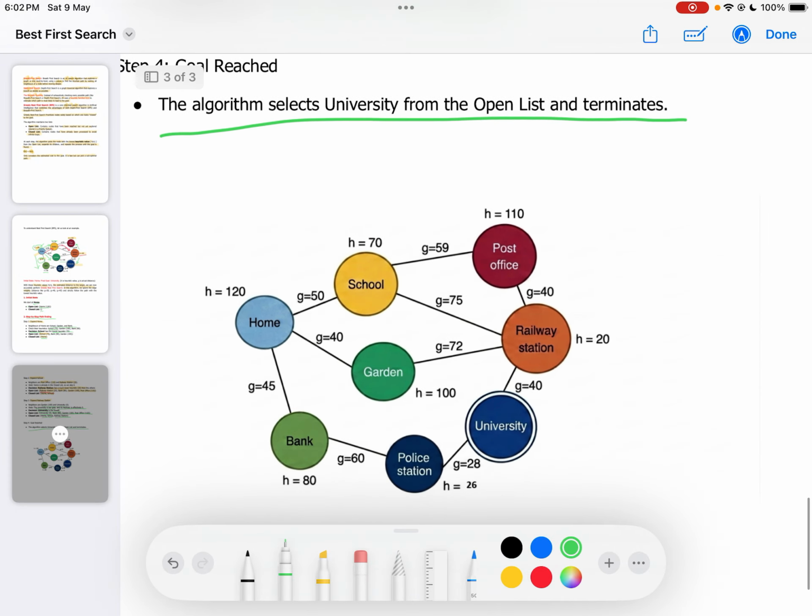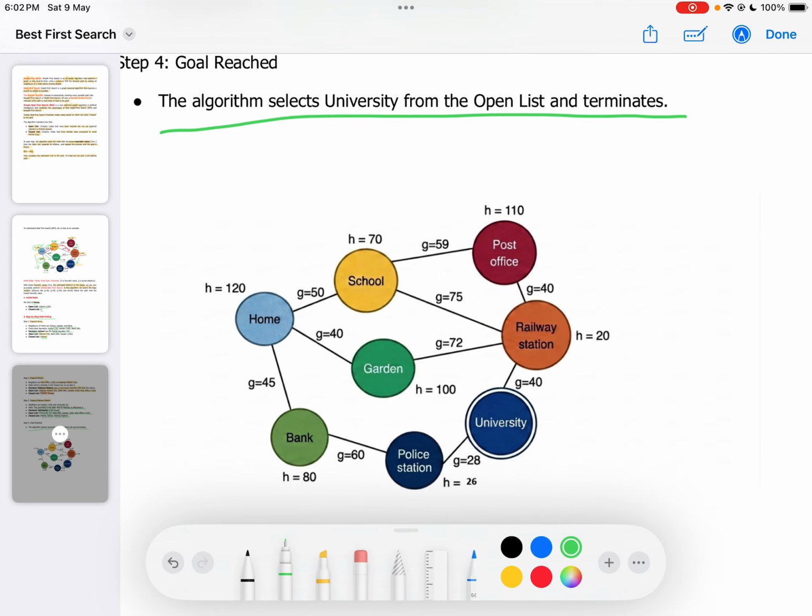Now quickly, to sum up what best first search is: the goal is home to university. Here we start. The lowest heuristic value is 70, so we go here. Then the next lowest heuristic value is the railway station, so it comes here.